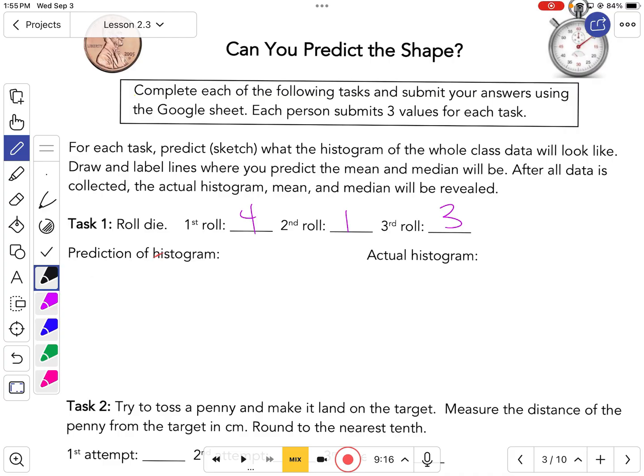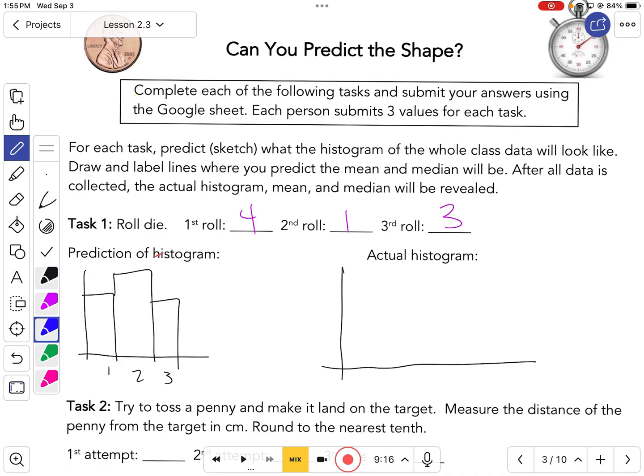Instead of getting different numbers for each one, so these are my 1s, maybe these are my 2s, my 3s, over time, as I do this over and over and over again, we're going to find that they're going to all level out up here at 6, okay? We're going to end up getting an equal amount for each number.